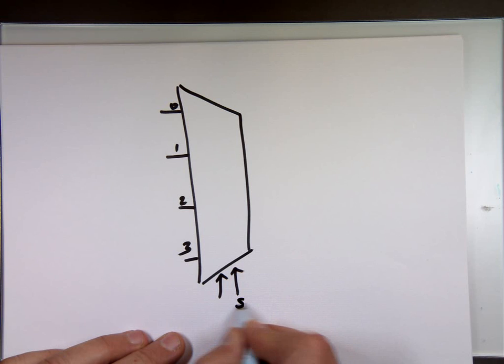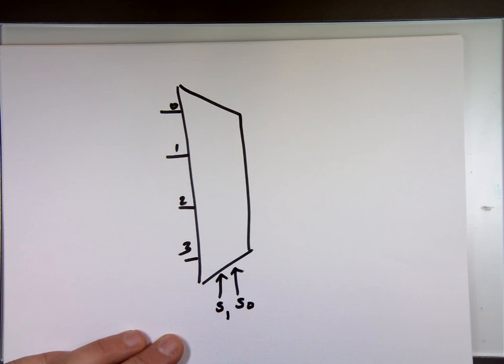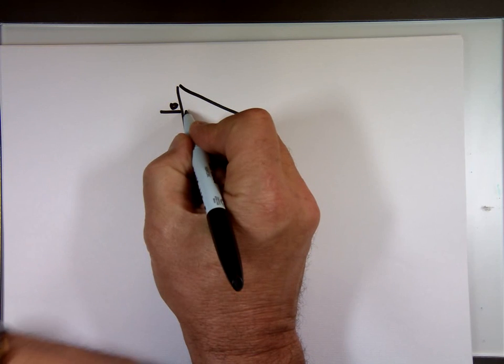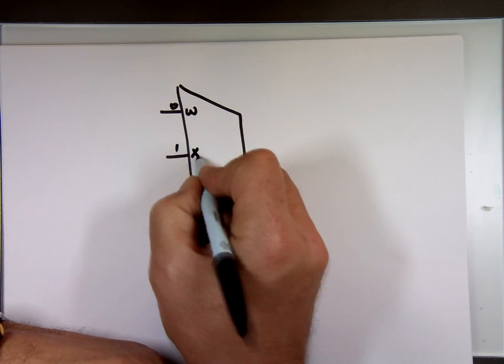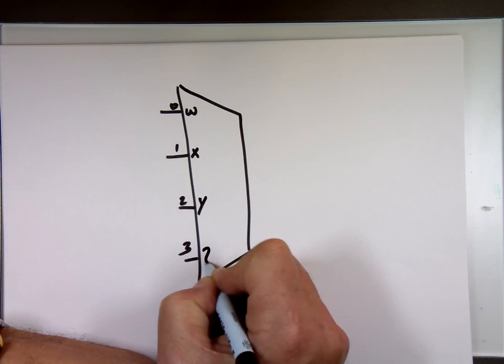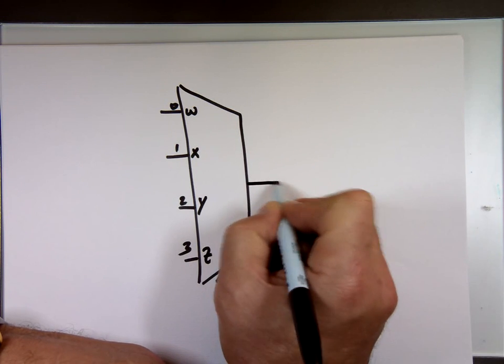Let's call them S0, S1. And let me label the inputs W, X, Y, Z. You have 1 output.